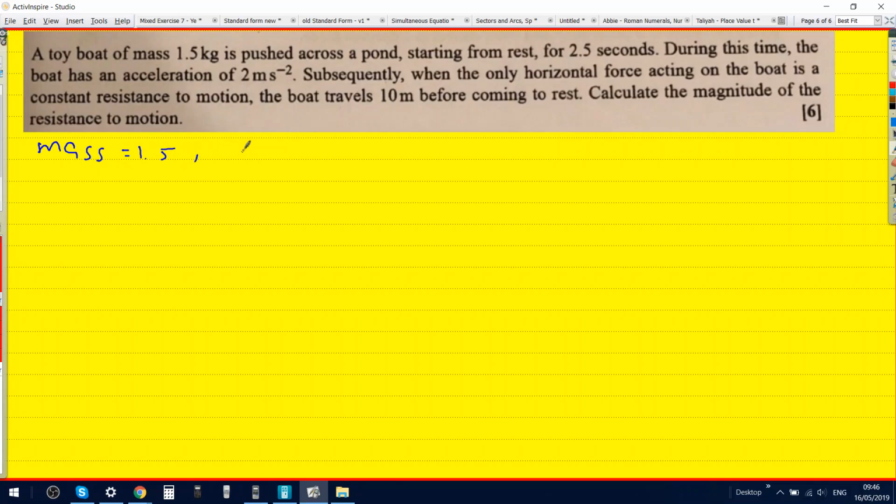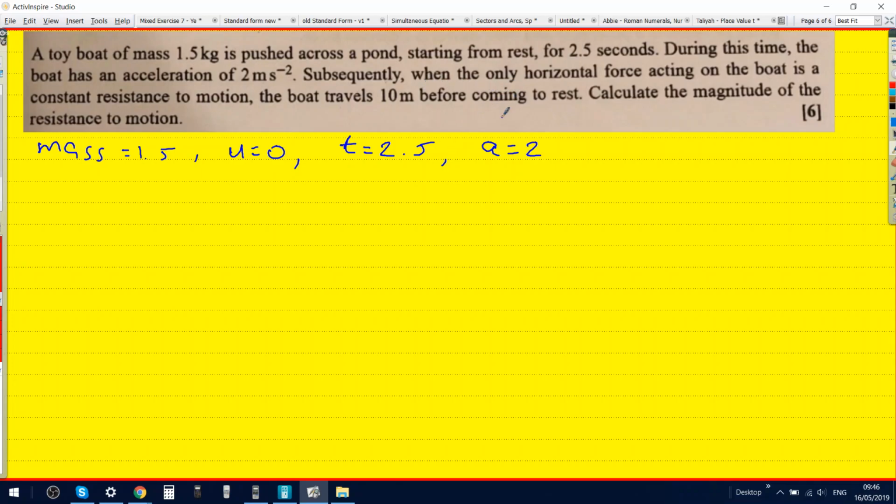It starts from rest. So what's that tell you? The initial velocity is 0. So u is 0. Time is 2.5. And a is 2. So they're giving us lots of information there. What else can we find from this? UTA. So we could find distance, which is s, and we could find final velocity, which is v.